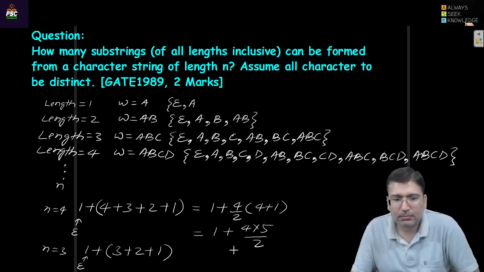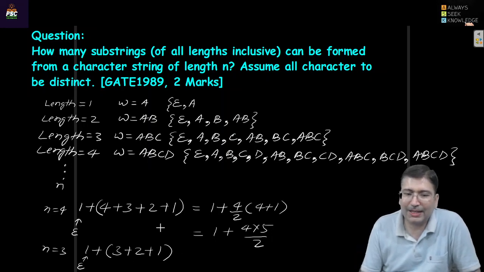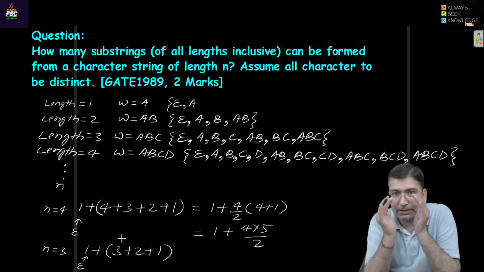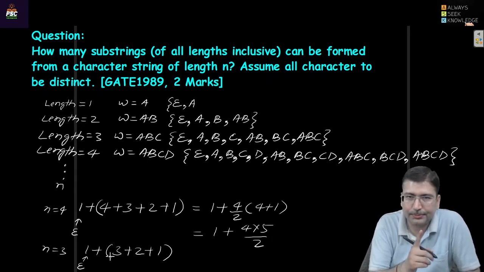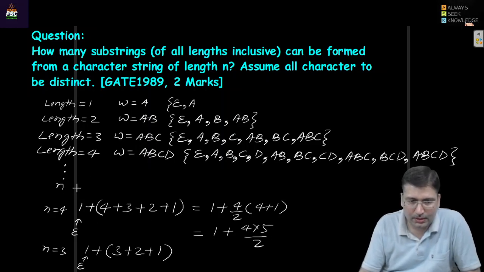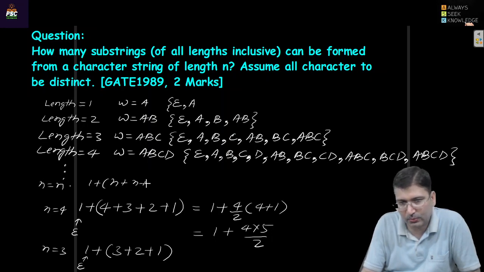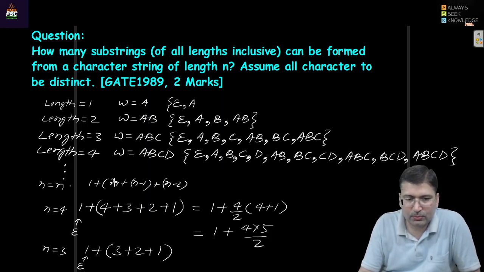With this, we can write, if n is the length of the string, then the one length strings will be n, then two length strings will be n minus 1. So it will be like 1 plus n plus n minus 1 plus n minus 2, plus dot dot dot 1. One length strings would be n, two length strings will be n minus 1, three length strings will be n minus 2.